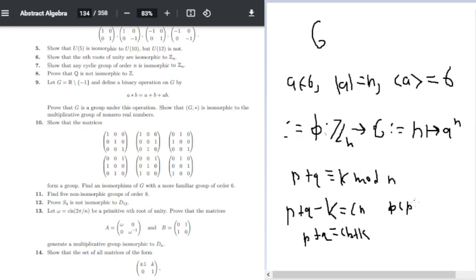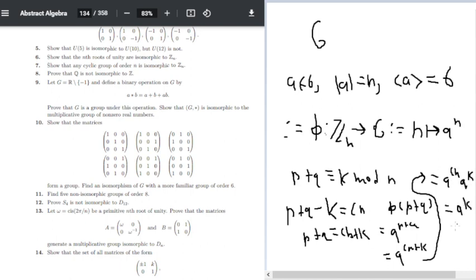So phi of p plus q is equal to a to the p plus q, equals a to the cn plus k, is equal to, I'm going to do a quick swoop up here, a to the cn times a to the k, which is equal to a to the k.